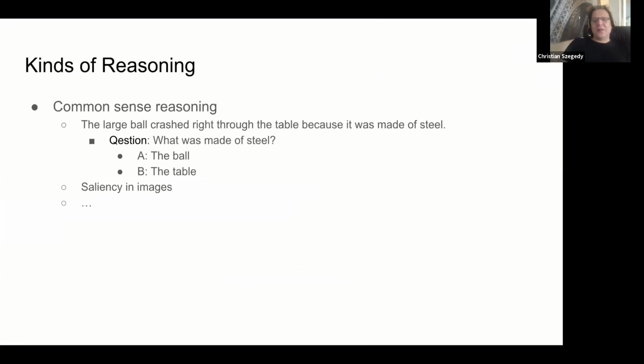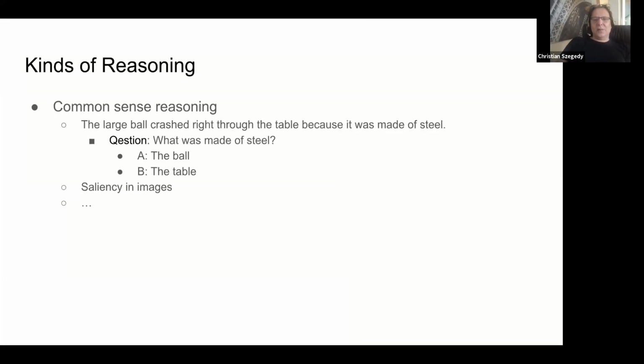So, of course, there are all kinds of reasoning that people talk about. For example, if people think about AI-based reasoning, then often you think about AI answering some common sense questions. Like the one on the slide: if a large ball crashed right through the table because it was made of steel, then it's not clear grammatically what was meant here.